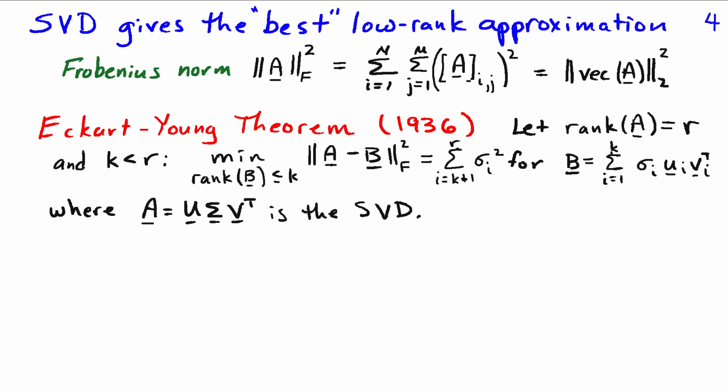And that's obtained using the Eckart-Young theorem, which was proved in 1936. So we're going to let A be a rank r matrix, and we're going to assume that k is less than r.